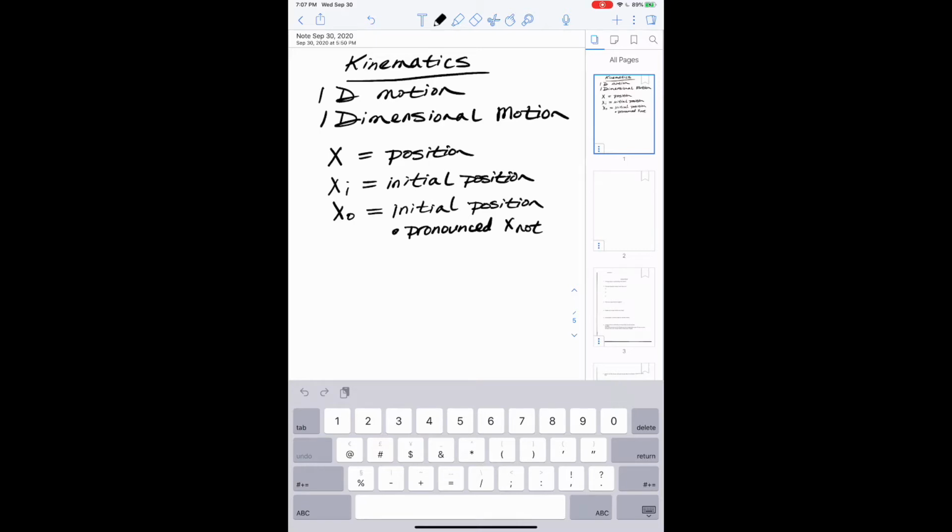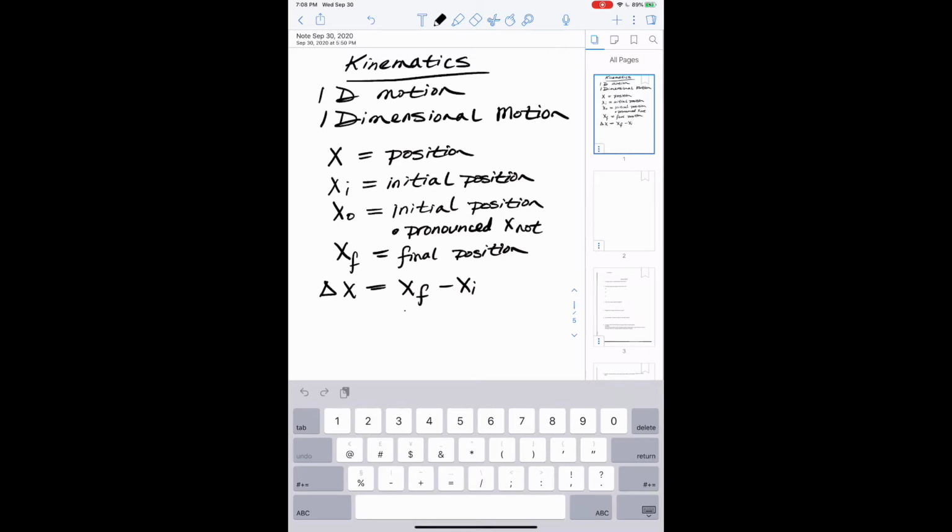In math class, we sometimes, in here we like to use xi and xf. Sometimes in math class they use x2 and x1, and I'll get to that in a second. So this is final position. And then we have displacement being delta x. And so this is xf minus xi.